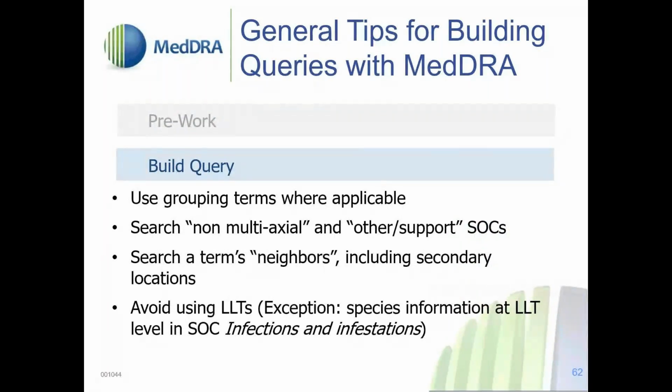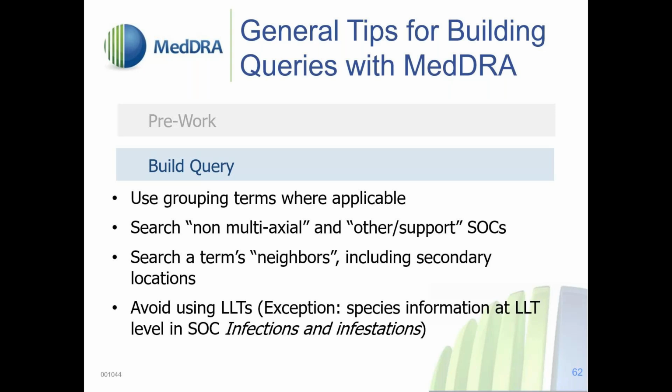When you start building your query, it's often good to look at grouping terms, because some of those grouping terms already describe your condition, and they also group a lot of the relevant PTs below.